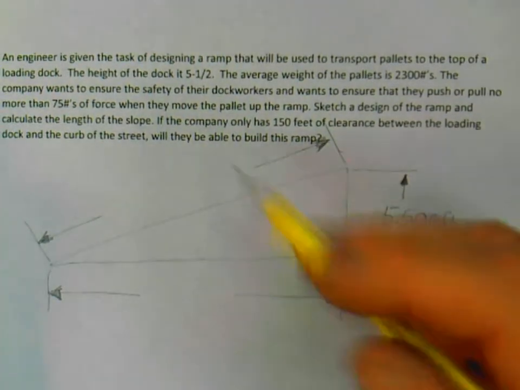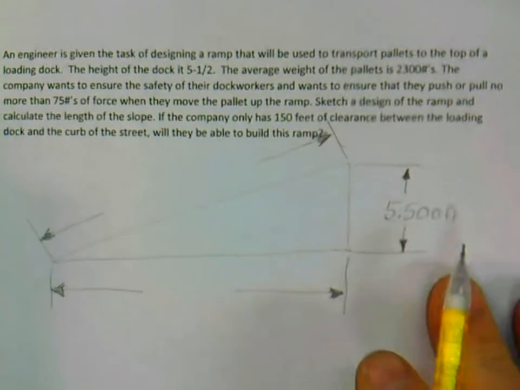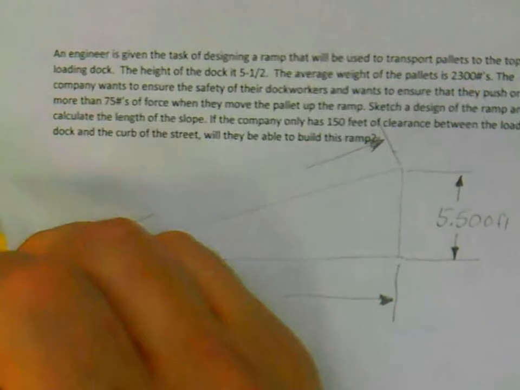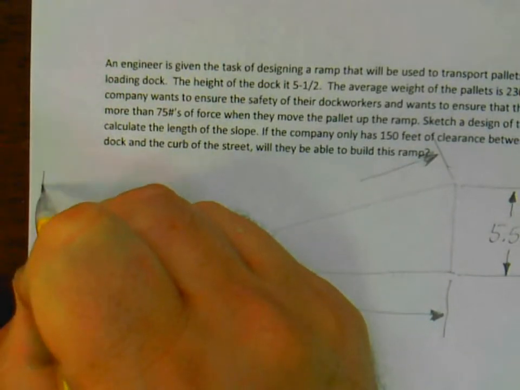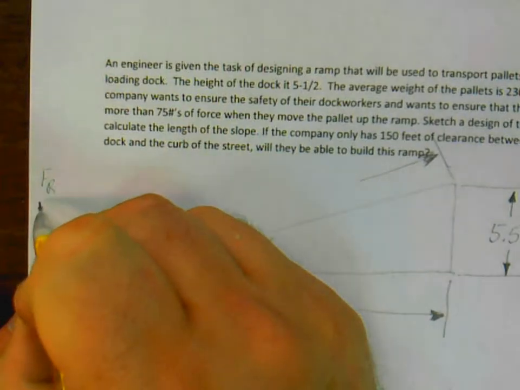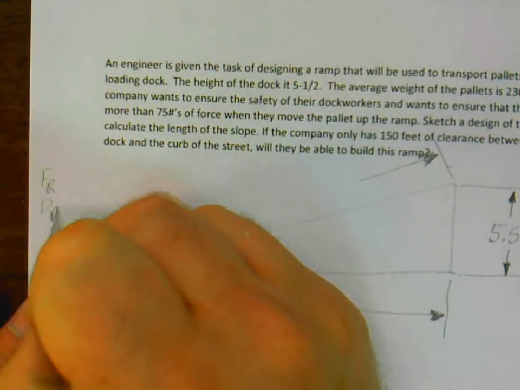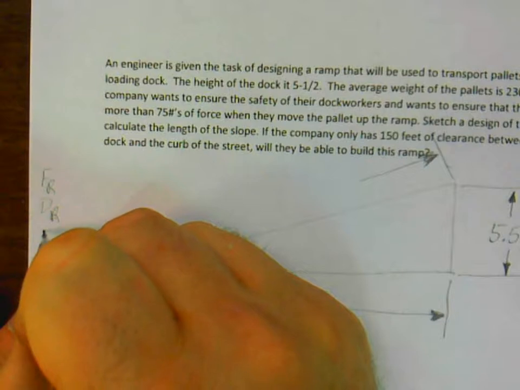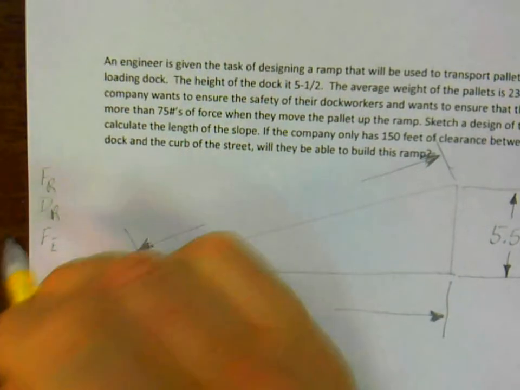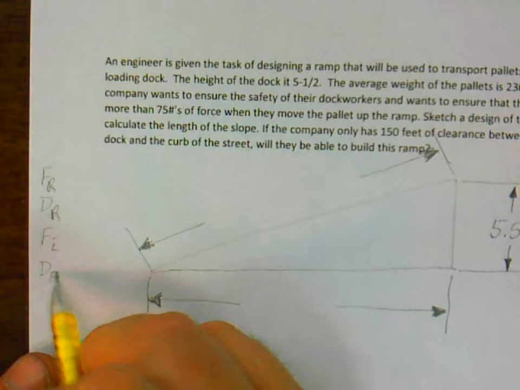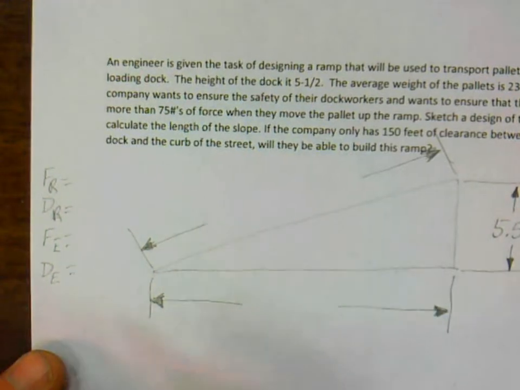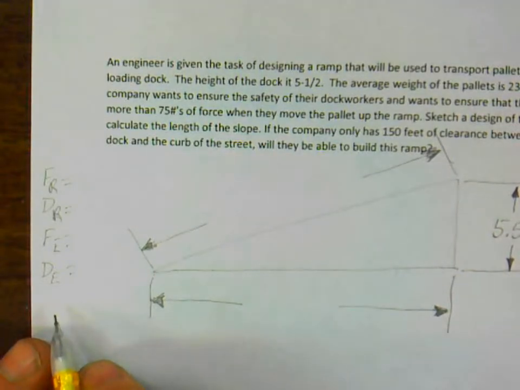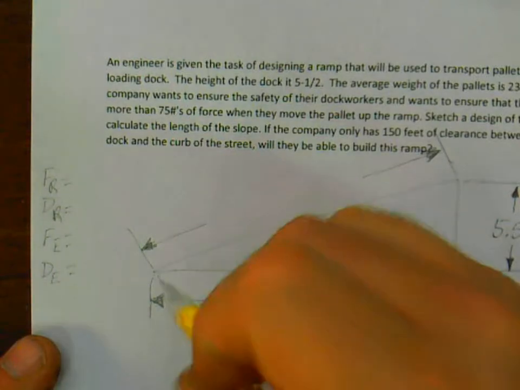As we do these simple machine problems, we need to do some annotation here. So we've got a force of the resistance and a distance of the resistance. We've got the force of our effort and our distance of the effort. Right now, actually, we've been given three of them here. Our force of resistance, we can go ahead and draw this force right here.